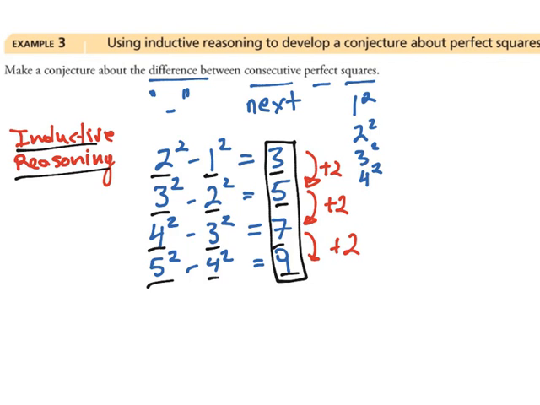So, in other words, if we have 2 squared and 1 squared, and we square root both of these values, then we'll get 3. How does that work? Well, 2 squared, and you square root of that, that's 2. And 1 squared, and you square root that, that's 1, and that gives you 3.